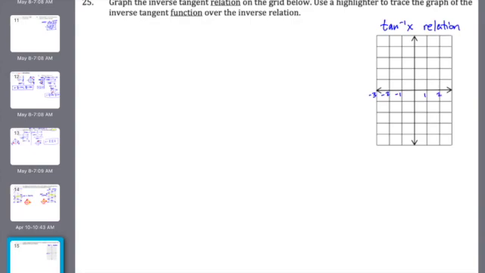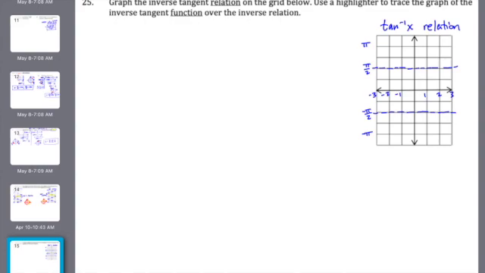This is 1, 2, 3. And then I'm going to say this is pi/2. This is pi. This is -pi/2. And this is -pi. All right, and we know for a tangent, there are asymptotes at pi/2 and at -pi/2.